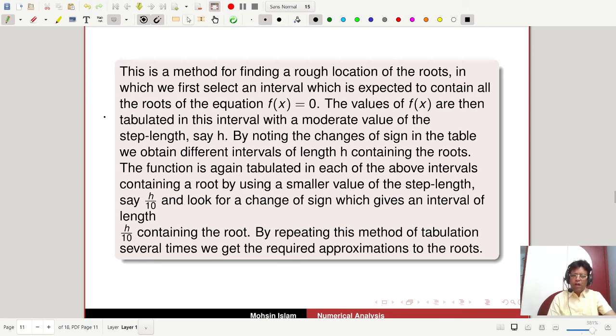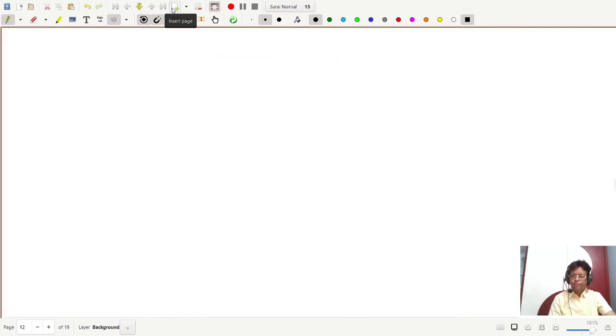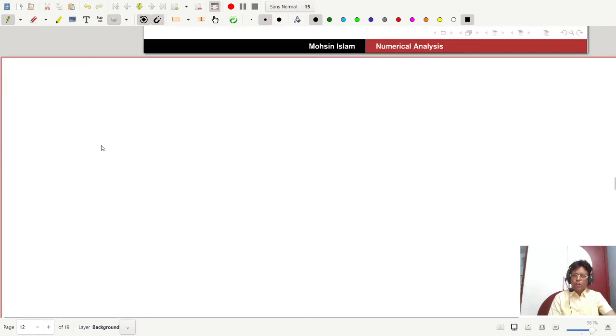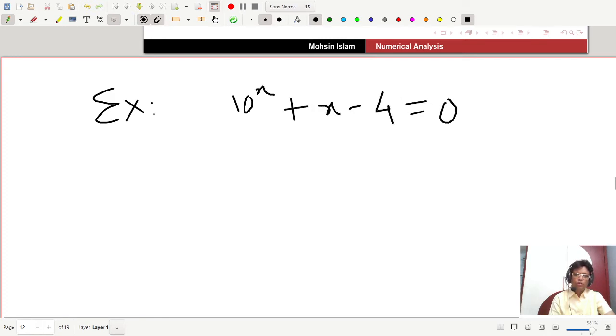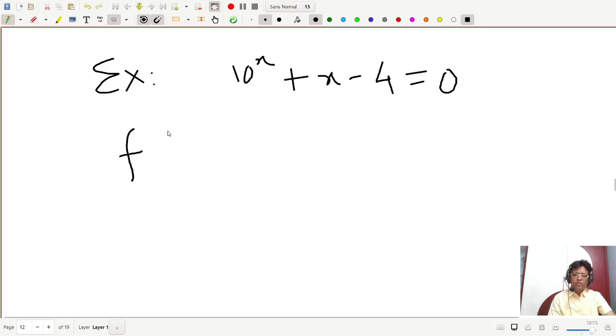Let me explain with a beautiful example. The example is not here in the presentation, but I will write it in the presentation. For example, the equation can be taken as 10^x + x - 4 = 0. So let f(x) = 10^x + x - 4, which is a transcendental equation.